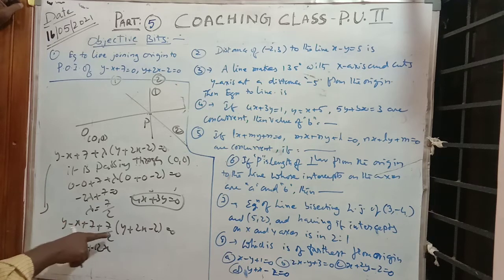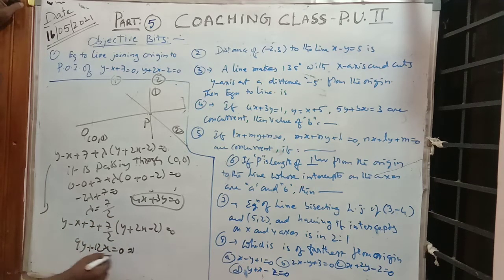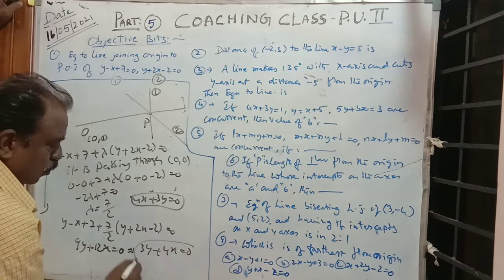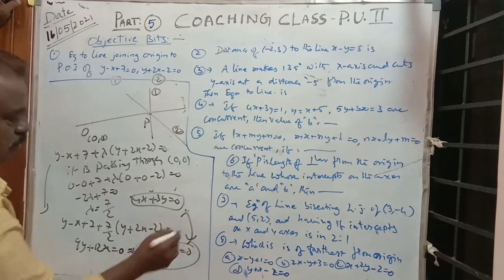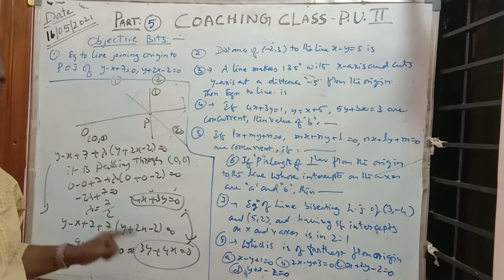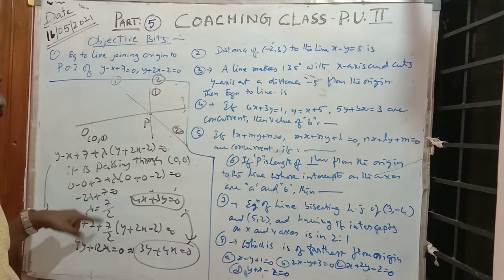Plus 7 into 2, 14 minus 14, that is 0. So here you take the 3 common. It is 3y plus 4x is equal to 0. Both are the same: 4x plus 3y here also. Either use this method or that method.